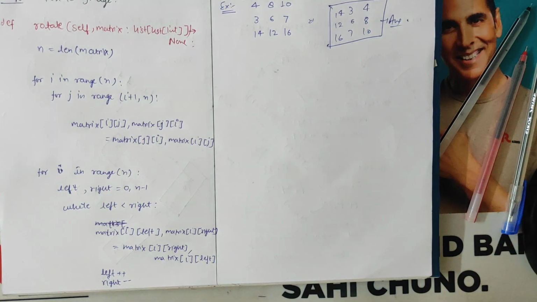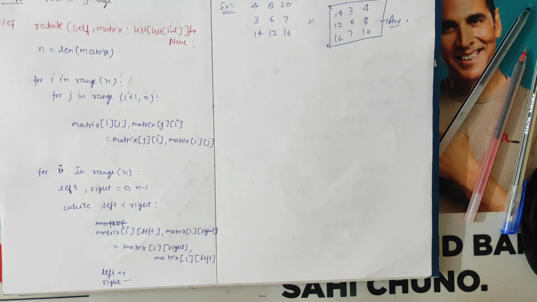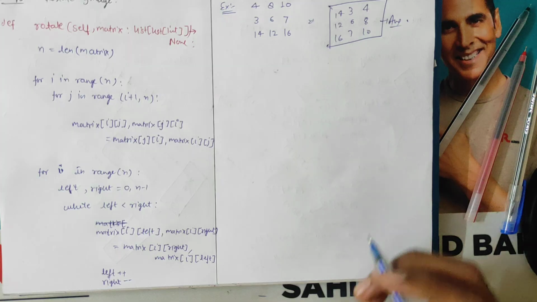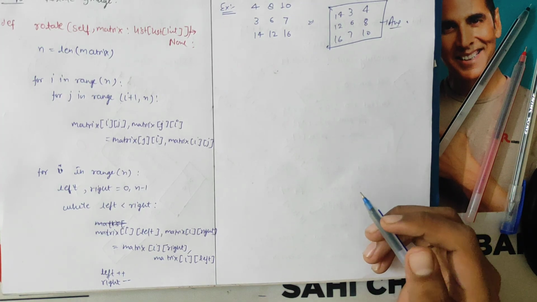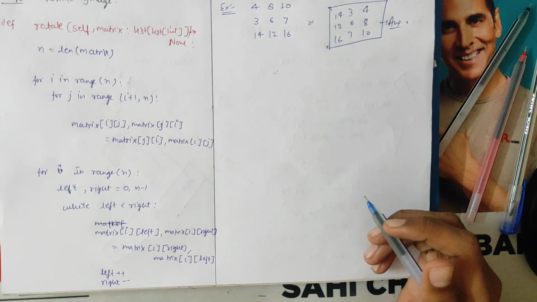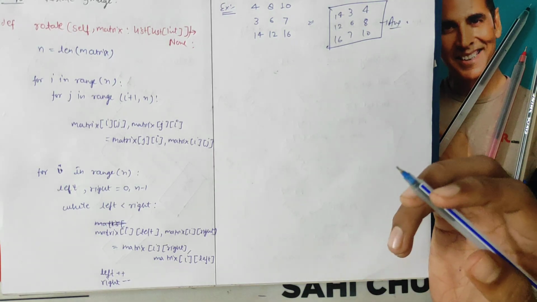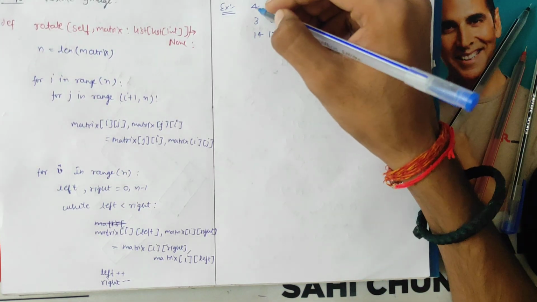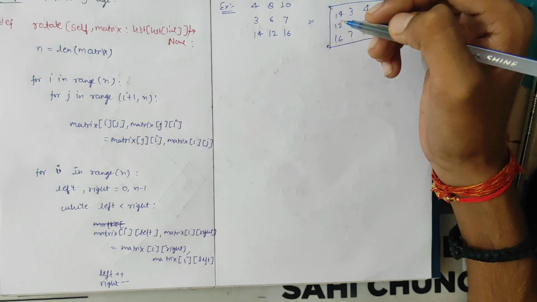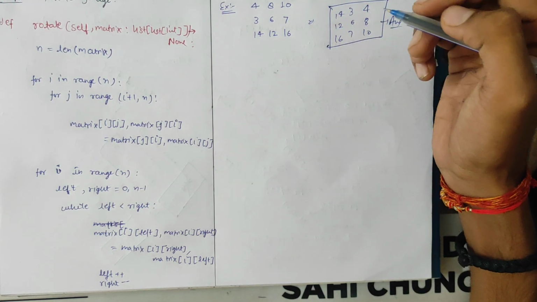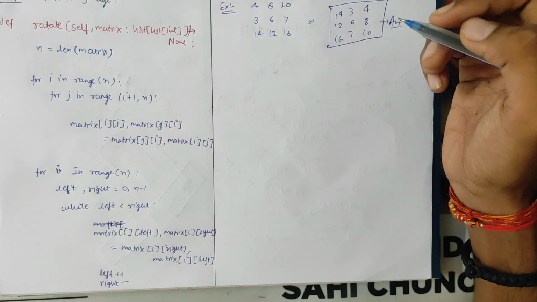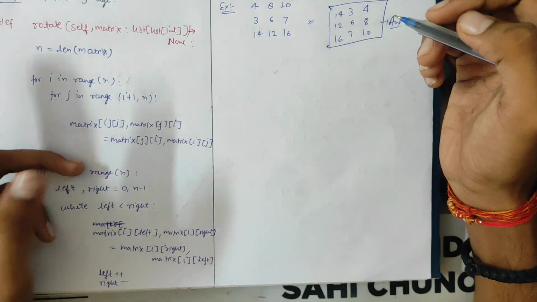But to do this process, we have to go through 2 steps. In the first step, we swap the elements which are opposite to each other around the diagonal. After that, we reverse each row.